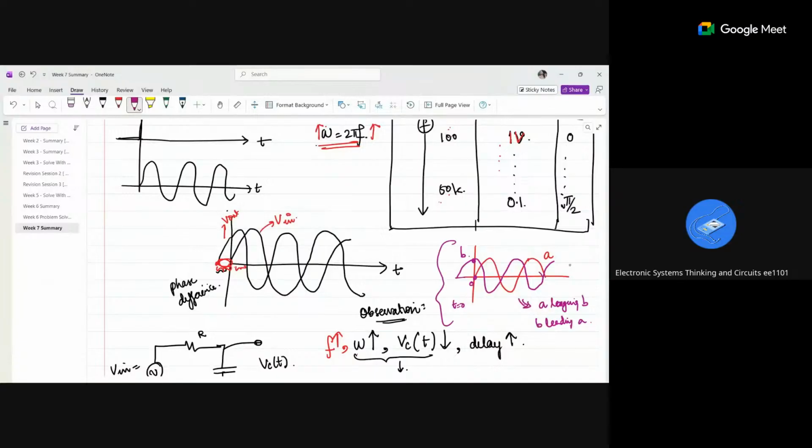This phase difference you will be seeing more in EEC. Here, if you know the basic idea of what phase difference is, and which waveform is leading or lagging, that's enough.